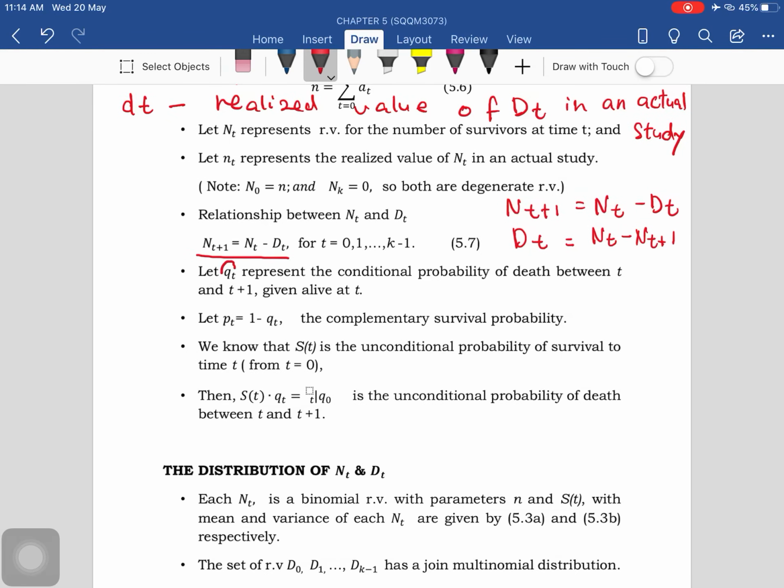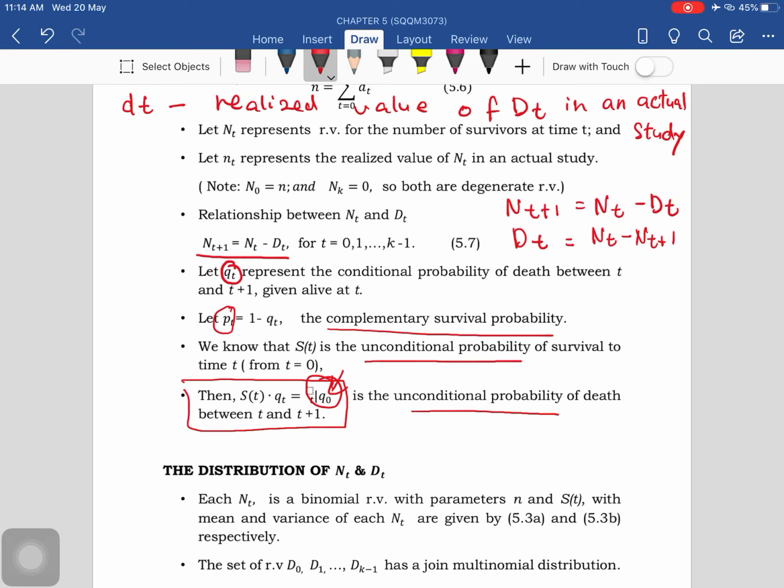Okay, QT is the probability of death from T to T plus 1, remember? So PT is actually 1 minus QT. It is the complementary survival probability. And ST is the unconditional probability. Then, since it is an unconditional probability, ST times QT is equal to this conditional probability. So remember this notation. Okay, our favorite.